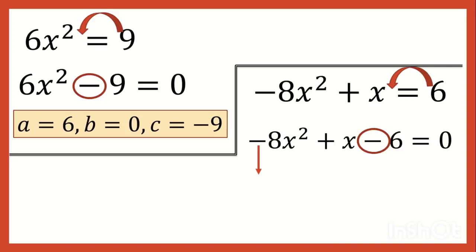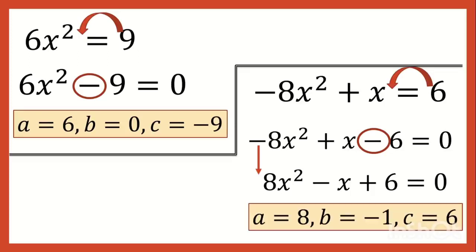So, yung negative 8 mo magiging positive 8x squared, yung positive x magiging minus x, yung minus 6 magiging plus 6 and then equals to 0. So we will now have the value of A, which is 8, B is equal to negative 1, and C is equal to 6.